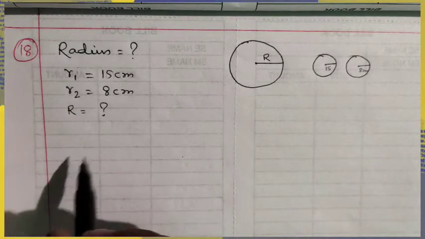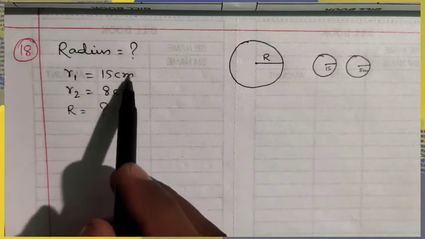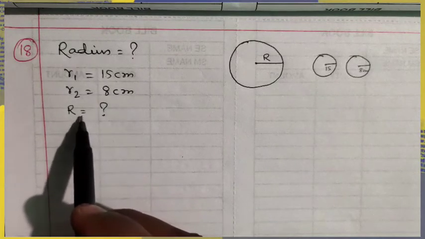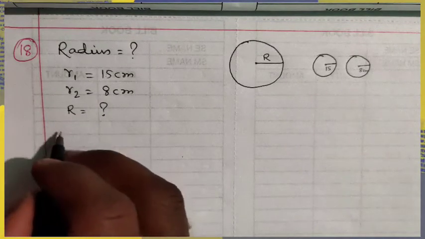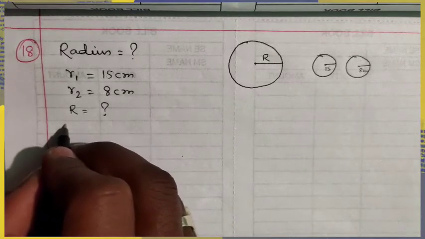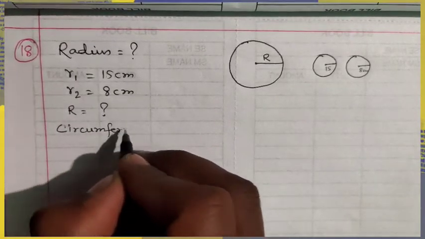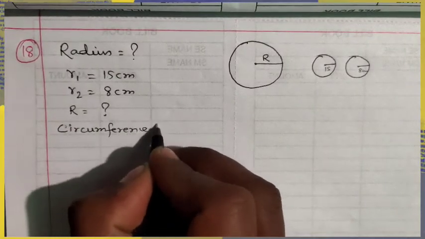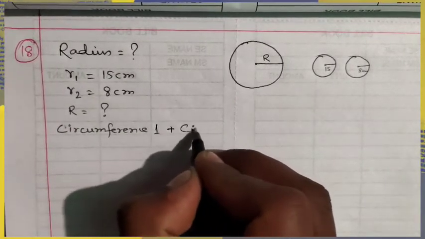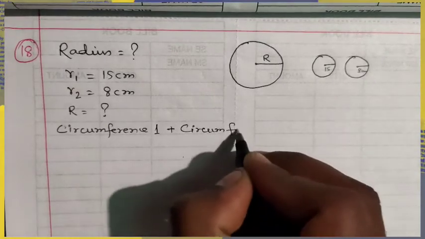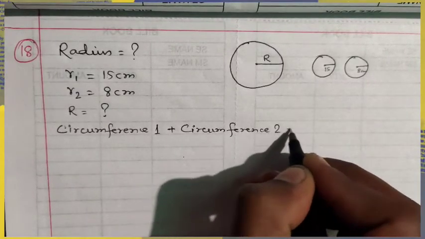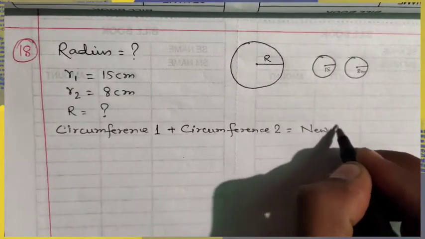And question has said sum of circumference of these two circles will be equal to the circumference of the bigger circle. So according to the question, circumference 1 plus circumference 2 will be equal to new circumference.